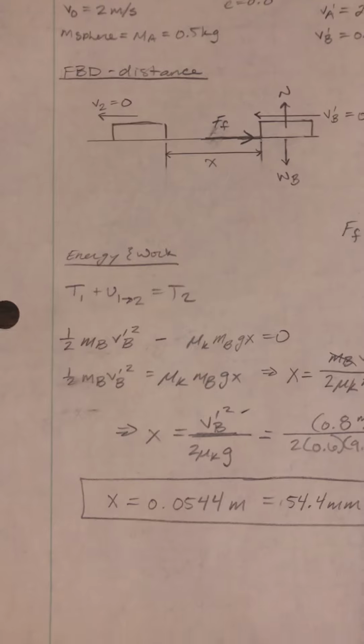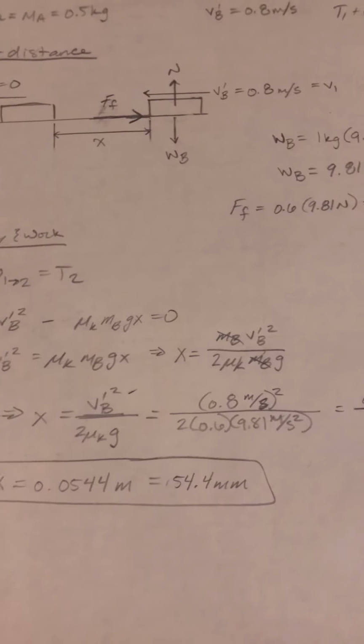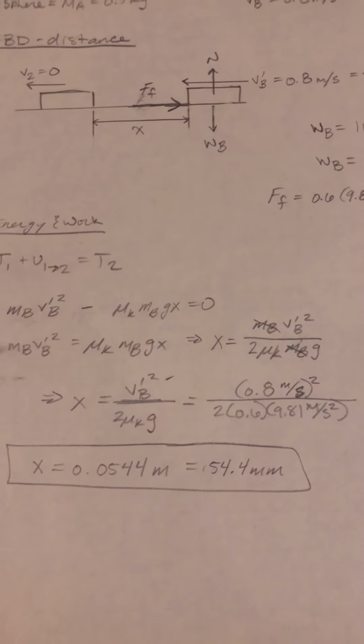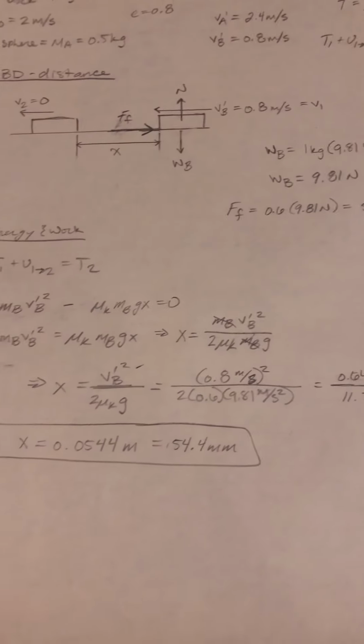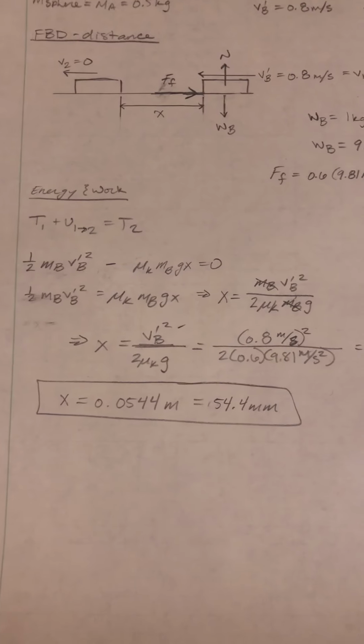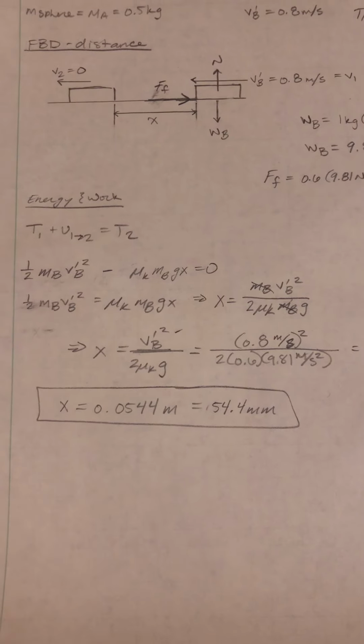There we manipulate the equation to solve for x, canceling out and doing simple algebra. We're able to find that x is equal to 0.0544 meters, or 54.4 millimeters.